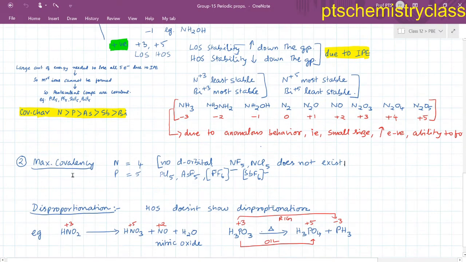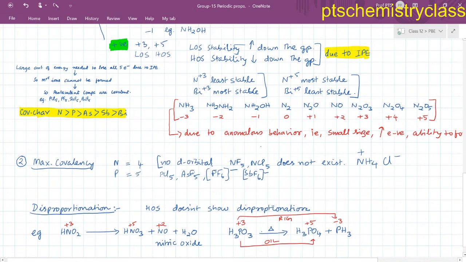Then, maximum covalency: nitrogen will have tetravalency, because 3 is the normal valency, and the 4th comes from the lone pair it donates. It has a tendency to form a cation, like this, in which it donates a pair of electrons to the 4th atom, forming a coordinate bond.